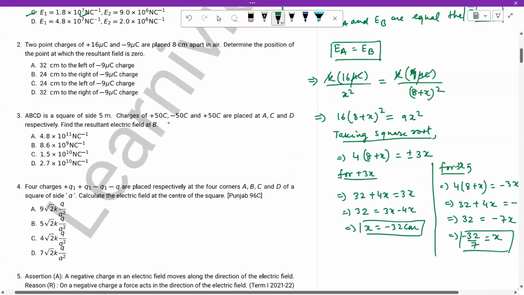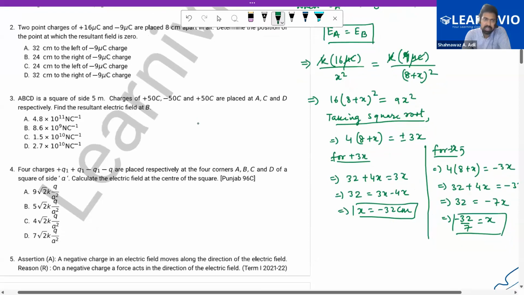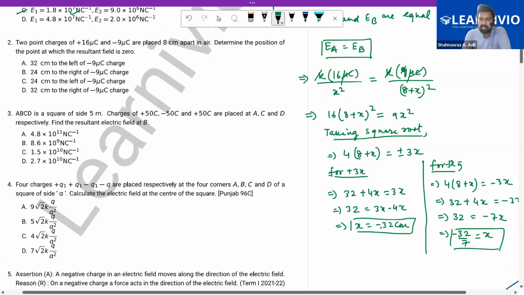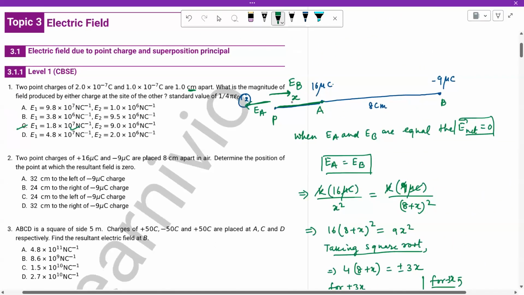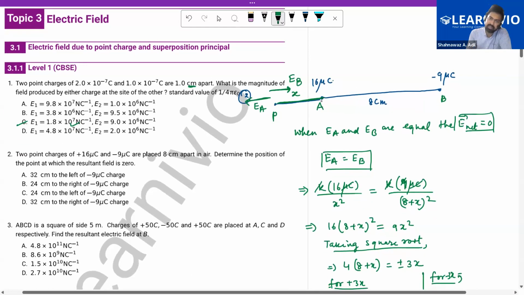But you see that in the option, this is minus 32, which means that we are not going left. X equals minus 32 means that we are going right, right?